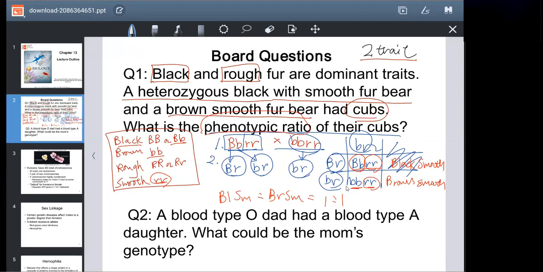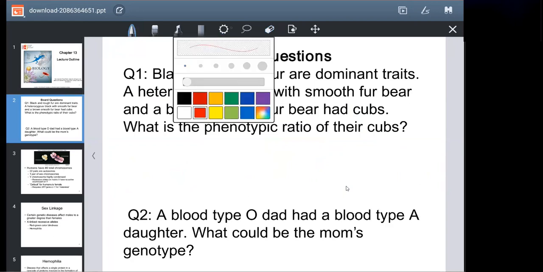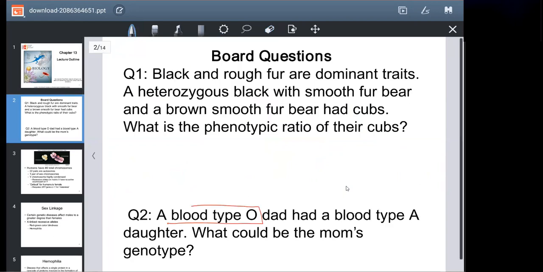Okay. Next question. Let's do the blood type. A dad with blood type O. Recall, how do you set up the genotype? Blood type O is little i, little i.